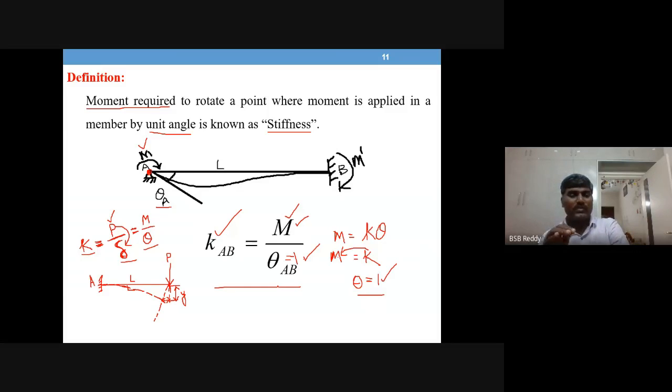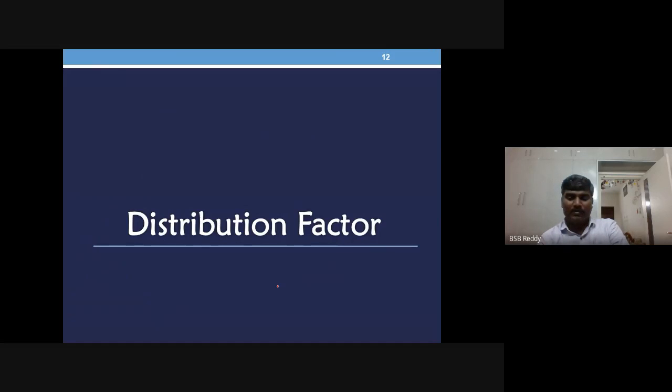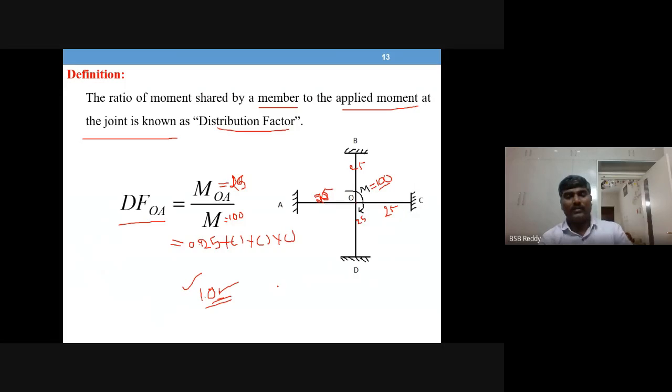In general, stiffness means load by deformation delta, but here it is related to moment. So M by theta is the formula for stiffness, and we have defined it. Similarly, we defined distribution factor, and the total value of distribution factor at a joint should be 1.